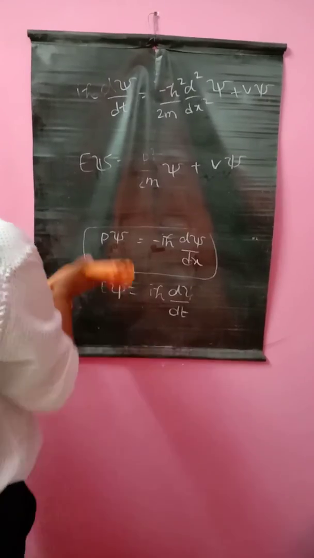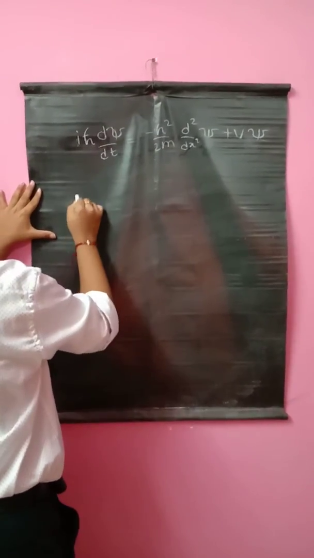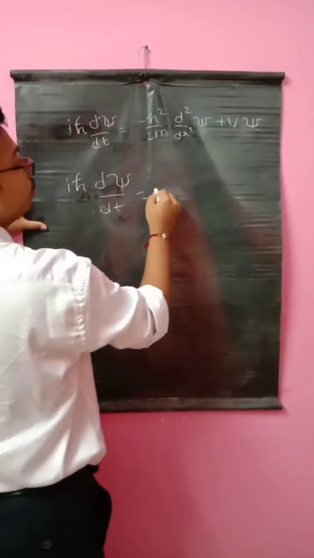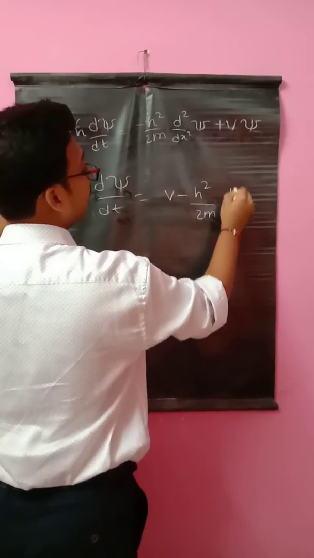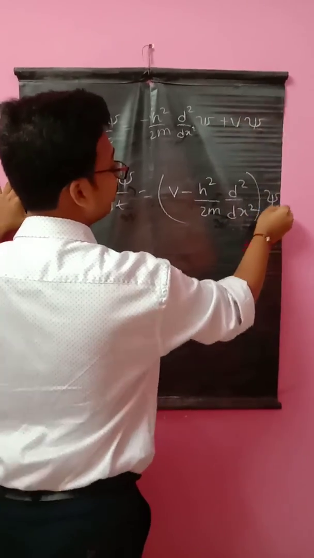On rearranging, i h bar d psi by dt is equal to V minus h bar square by 2m d square by dx square into psi.